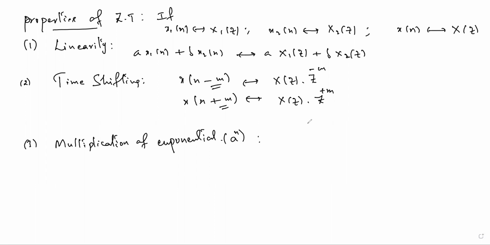That means x of n has Z transform x of z. If you multiply with a power n in the time domain, in the z domain x of z is replaced by x of z by a. Every z is replaced with z by a. You get the z transform of a power n x of n.